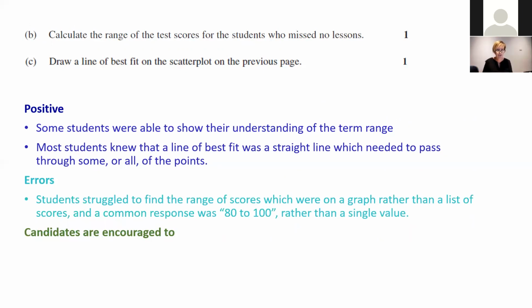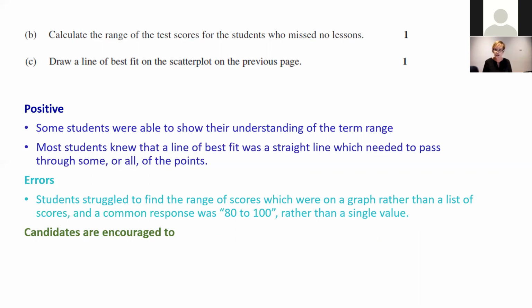Some of the errors were that students really did struggle to find the range of the scores, which were on the graph rather than a list of numbers. We don't often ask students to find the range of a set of numbers if it's not in just a straight list, so that was unfamiliar for the students.